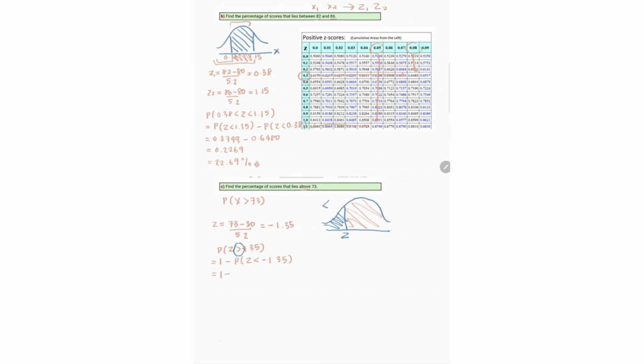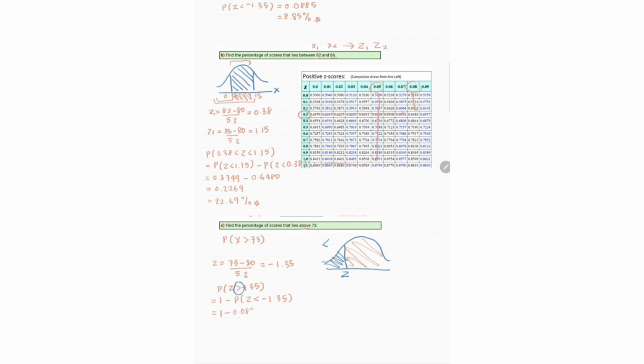Why 1? Because the total area under the curve is 1. So we can proceed, and we got it: 91.15%. And that's all.